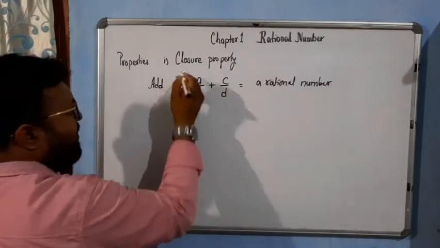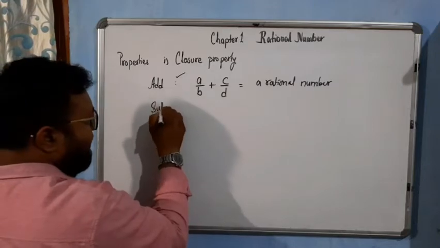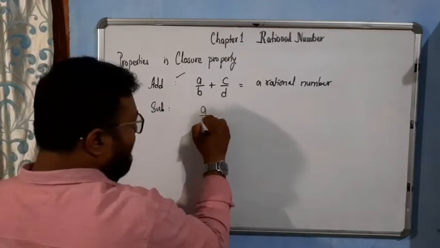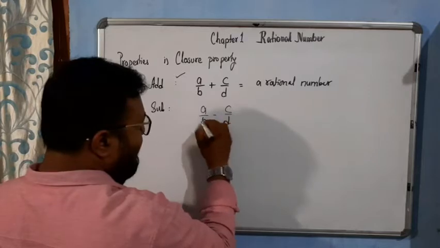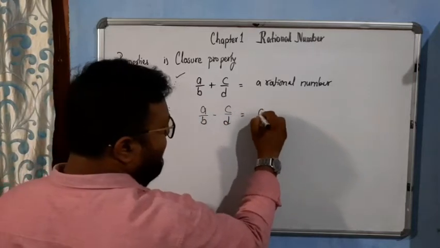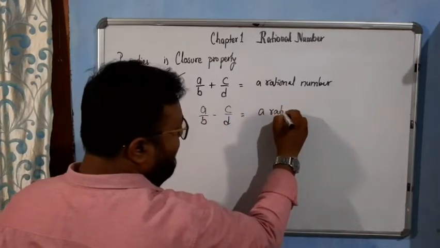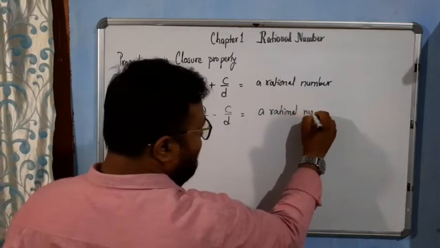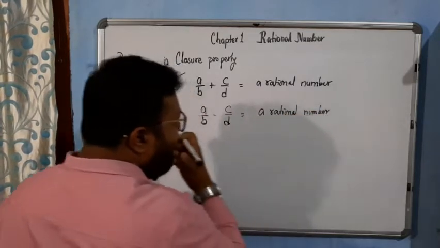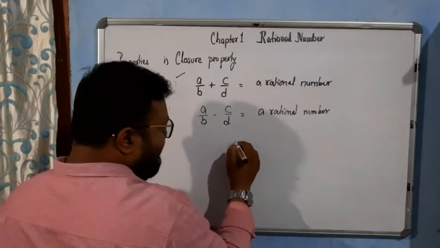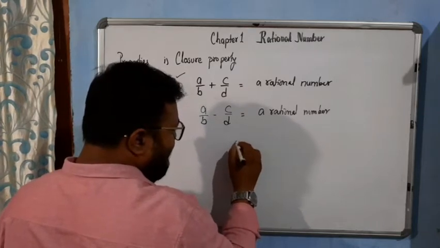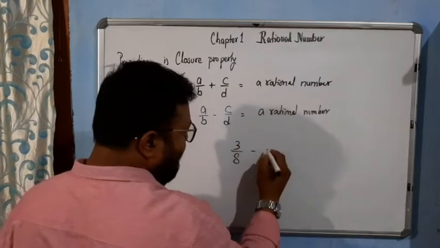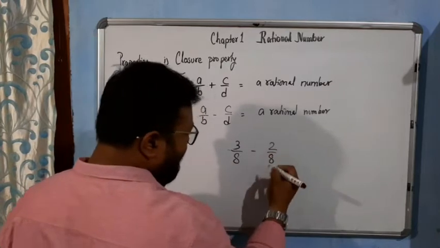Now let's talk about subtraction. Suppose a by b minus c by d is equal to, we will check whether we are getting a rational number or not. Let's take an example. Suppose 3 by 8 minus 2 by 8.